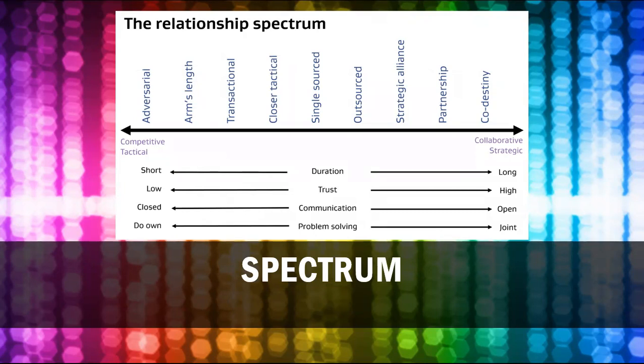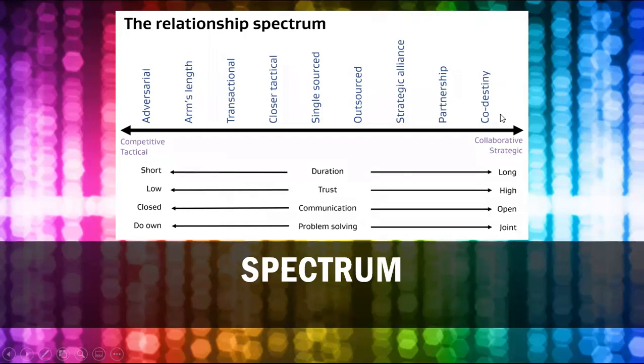About the spectrum, many students worry whether they need to remember all these types of relationship. My answer is that you don't need to remember them all, but at least try to remember some key relationship types, such as adversarial, arm's length, outsource or single source, then partnership and co-destiny.